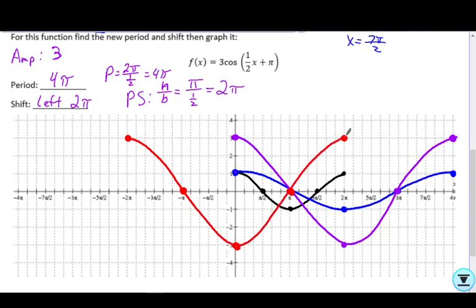So that's my final function. The hardest part about phase shifts is remembering to actually change your shift based on whatever it is that we're doing to the actual period. If we're stretching the period, we're stretching our shift. Originally it looked like we were only going to move pi, but how far did we actually move? 2 pi, because my function was stretched.